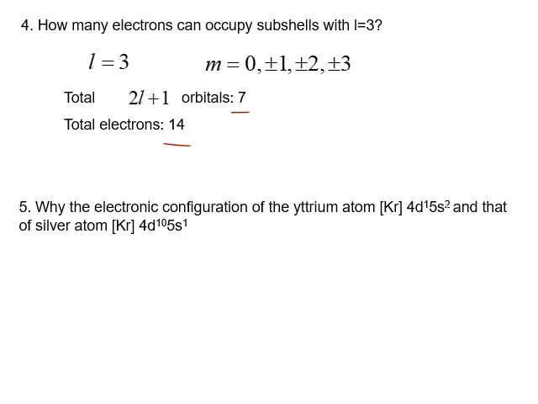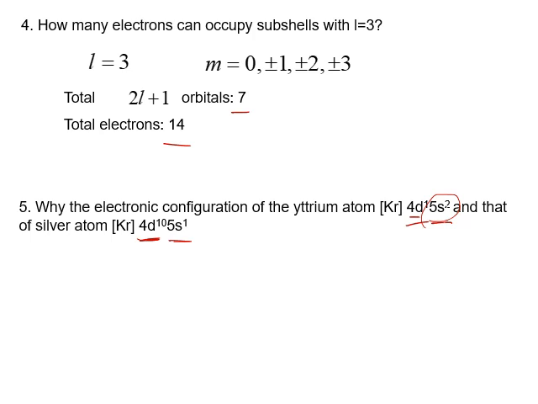Question number 5. Why is the electronic configuration of the yttrium atom 4d1 5s2, and the silver atom 4d10 5s1? In other words, for yttrium, it fills the 5s and then goes to 4d, but for silver it goes to 4d10 and then 5s1. Okay, why is there a difference?